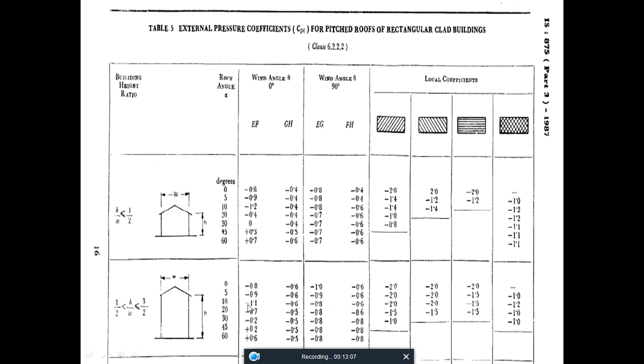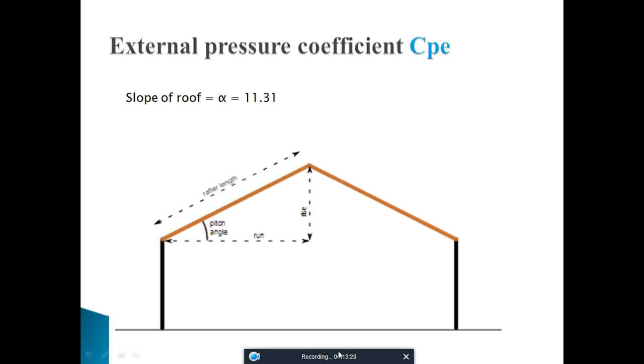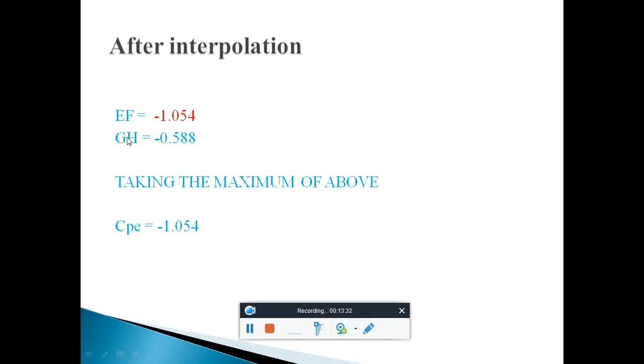Now interpolate these values for EF, GH, EG, FH. That means wind angle theta is 0 and wind angle theta is 90 degrees, meaning wind is acting parallel and perpendicular. These are the coefficients. So you just need to calculate the roof angle and interpolate these values. After interpolation I have got EF as minus 1.054, GH minus 0.588 for theta 0 degree.